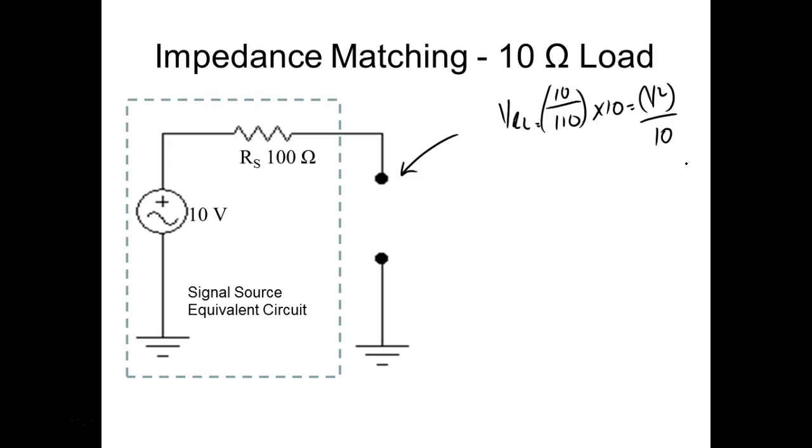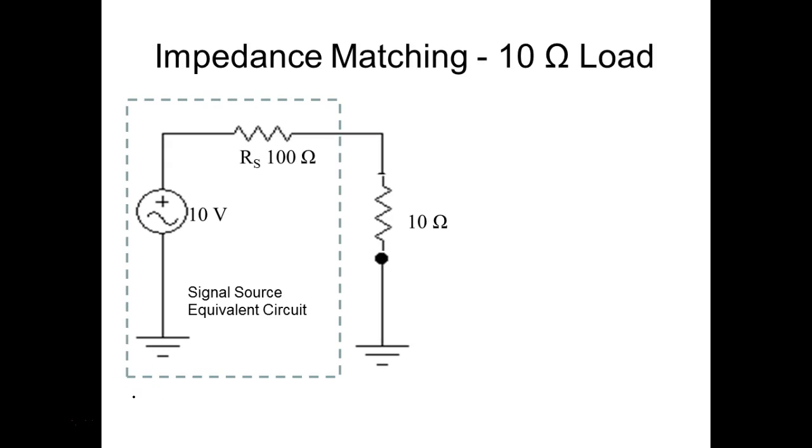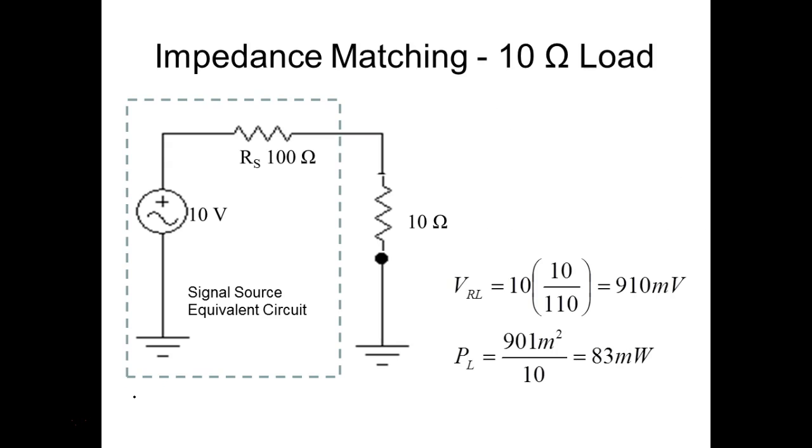So 10 divided by 110 times 10 equals, square that, divide by 10, and this will give us our power for 10 ohms. Milliwatts. That's 3 milliwatts. Are we okay?